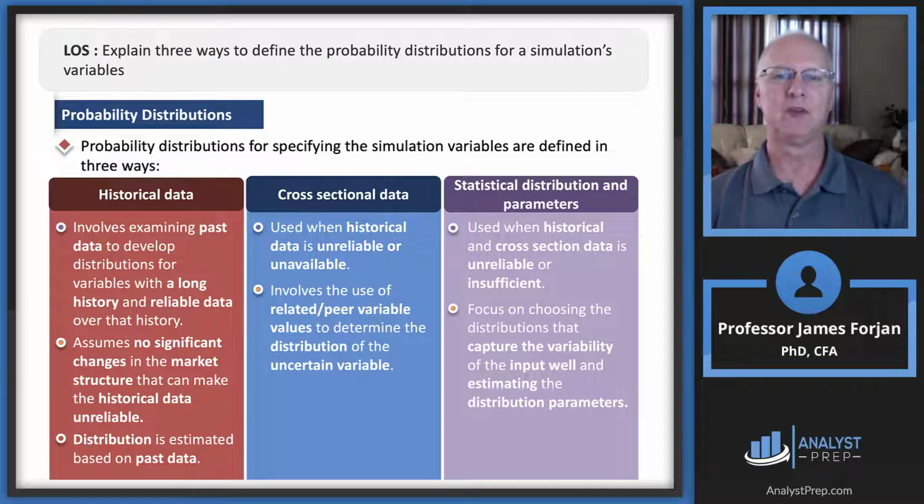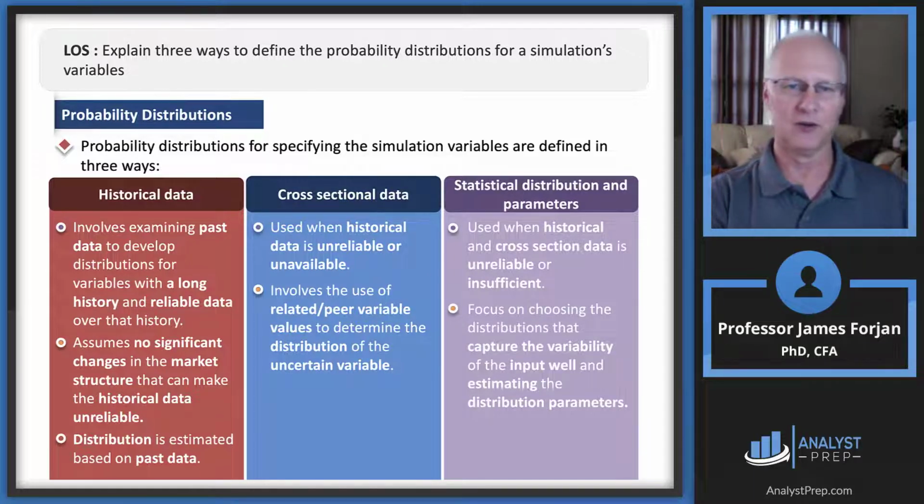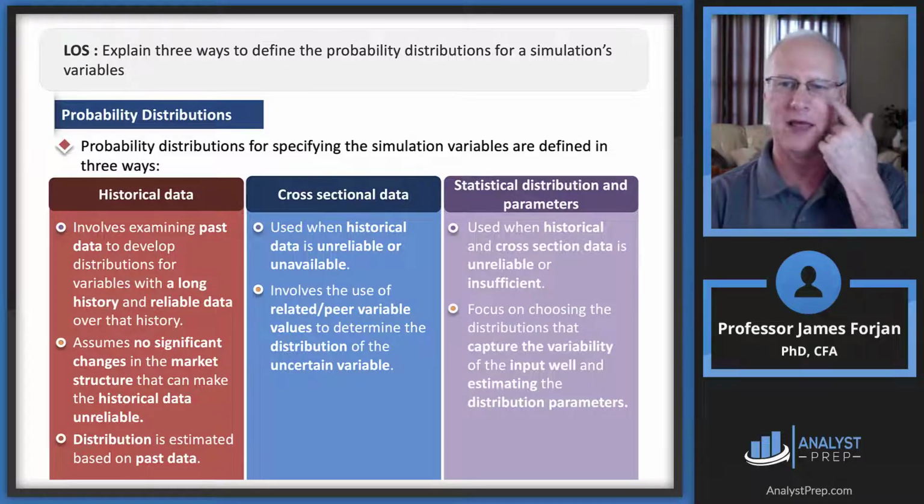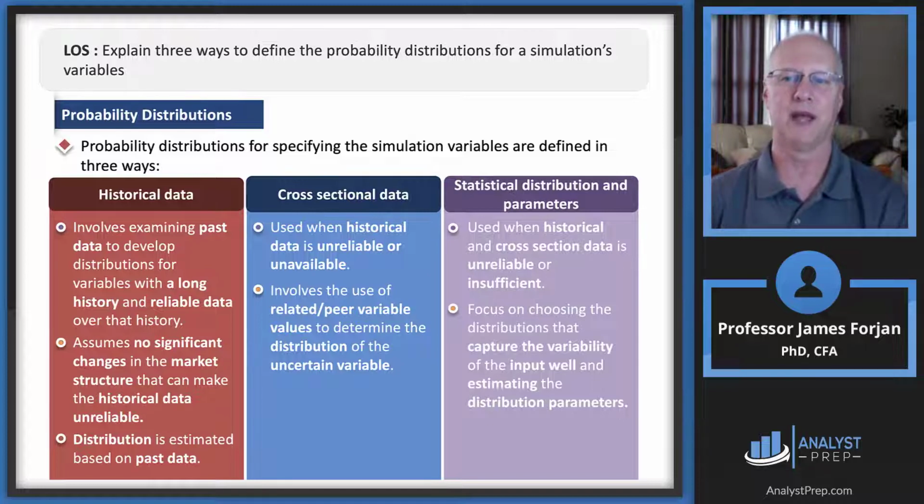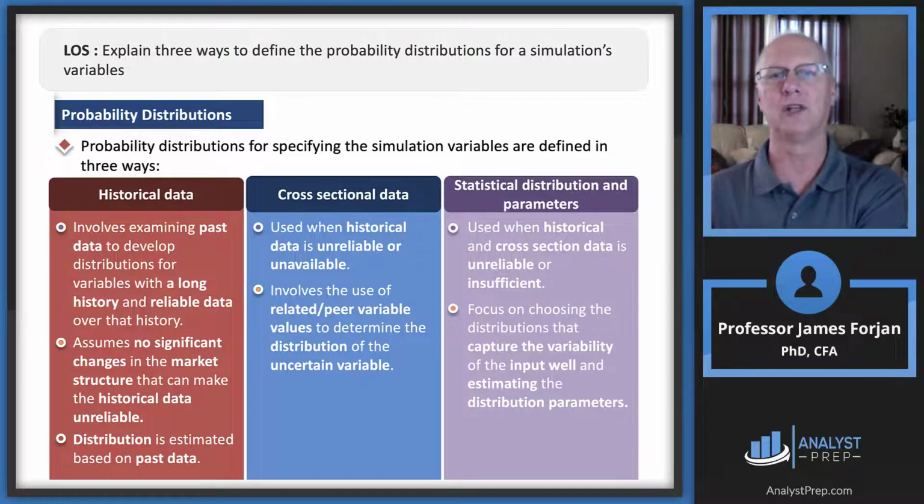And then what happens if we don't like our historical data or our cross-sectional data? Then we can use some kind of a statistical distribution, right? So what we're going to do is choose distributions that capture the variability of the input, and then we'll estimate those distribution parameters. So think about, we have the historical data, we have our cross-sectional data, and if we don't like those or they're not reliable or available, well, then we can take a step back and say, all right, golf cart distributions.